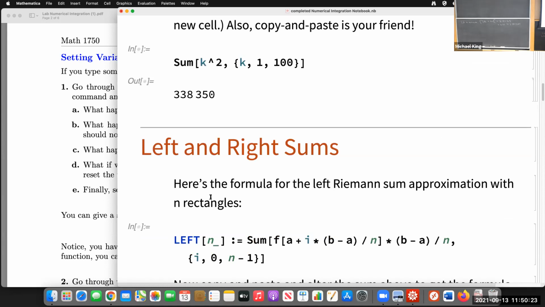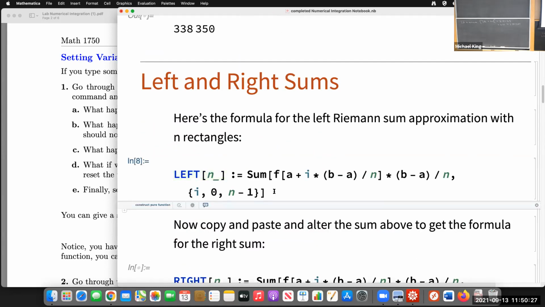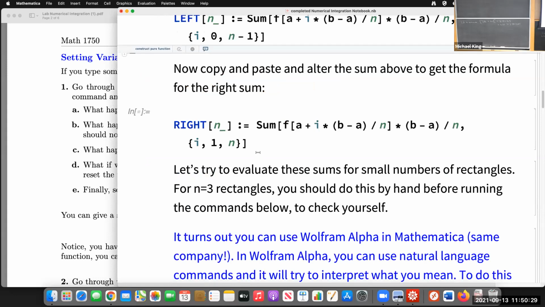There was stuff about summations in Mathematica. And then we had these formulas for the left sum and the right sum. Let me run these and make sure they're good.